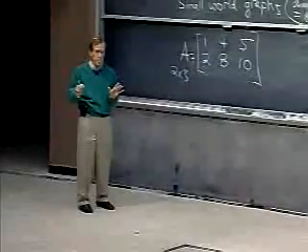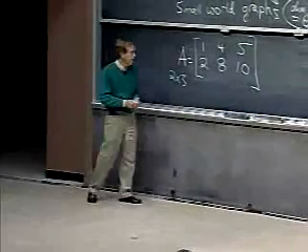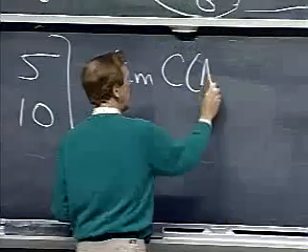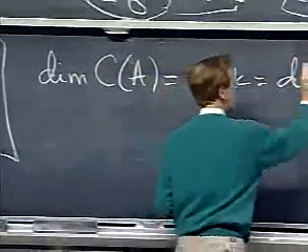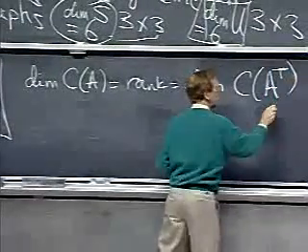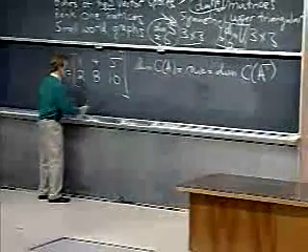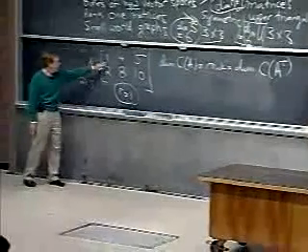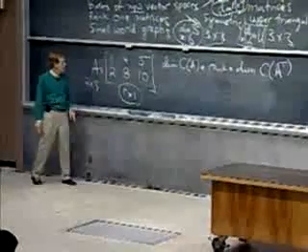The dimension of the column space is also 1, right? Because it's also the rank. The dimension of the column space equals the rank equals the dimension of the column space of the transpose, which is the row space of A. Okay, and in this case, it's 1. r is 1. And sure enough, all the other columns are multiples of that column.